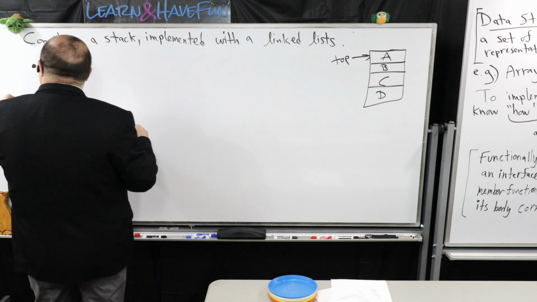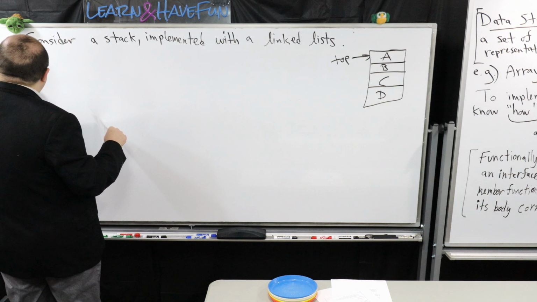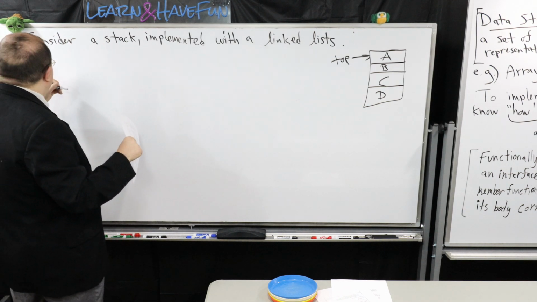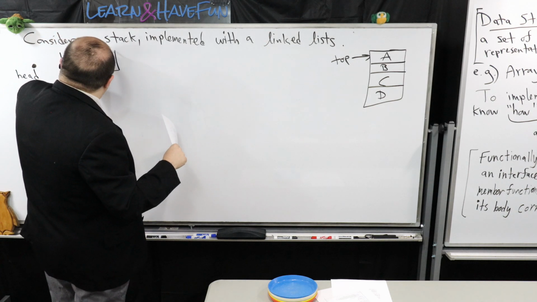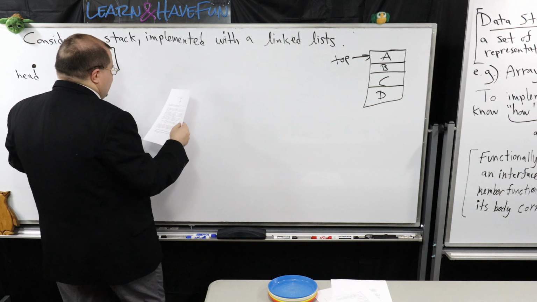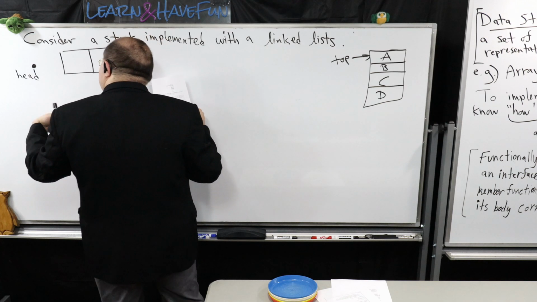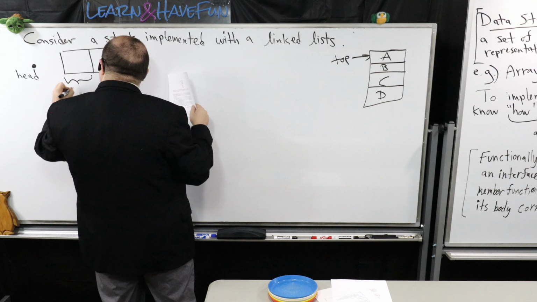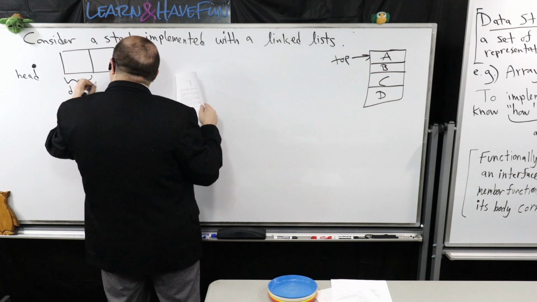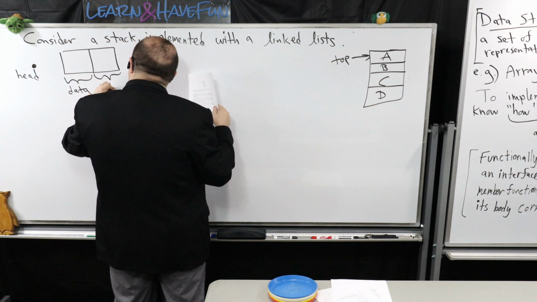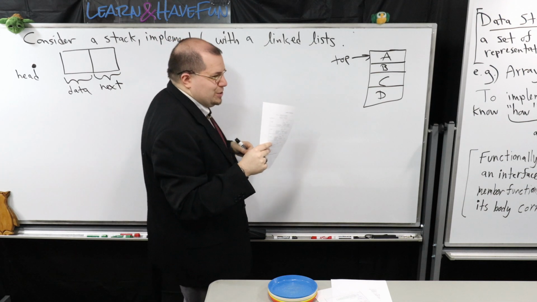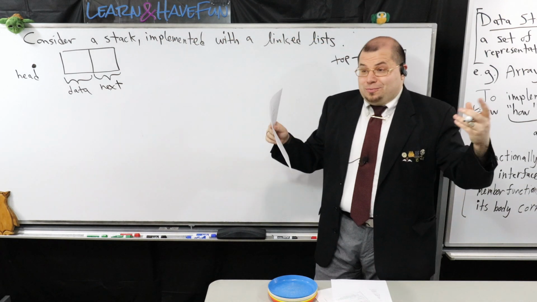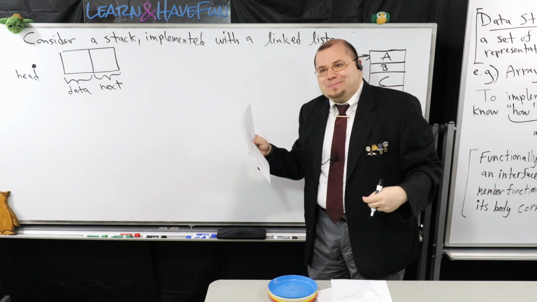I want to remind you that in a linked list, we have these things we call nodes, right? So this is a node here. In linked lists, each one of the nodes will typically have a data attribute. And it has a next attribute, which is a pointer or reference to the next node.